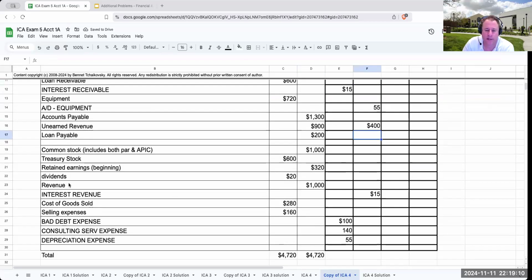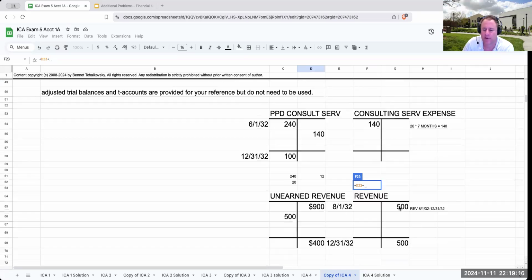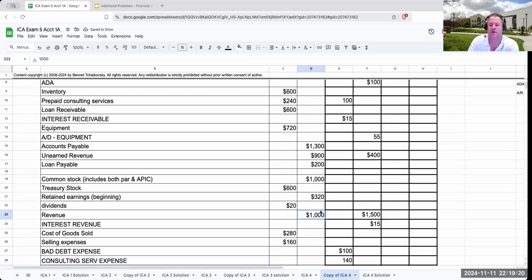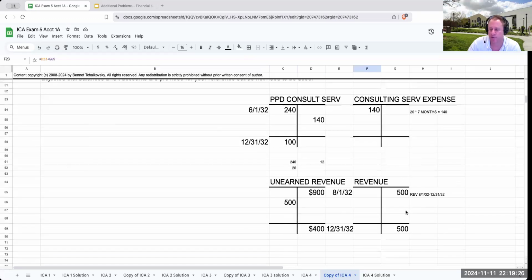And then over here, in addition to this 1,000 of revenue, there's going to be another 500. Okay, so I kind of made a mistake on this just with you right now. If I'm going through and looking at this, there was a balance in revenue previously, right?